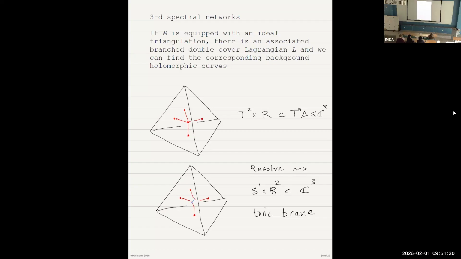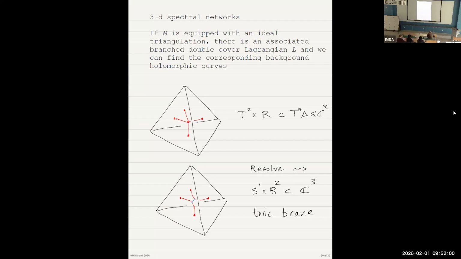That's why it's ideal. Okay, and now we can branch cover each such tetrahedron by the following trick. On the boundary, this tetrahedron is a sphere, and we take these four dots, right? So we now take a double branch cover, branched at these four dots. So that gives you a torus, okay?